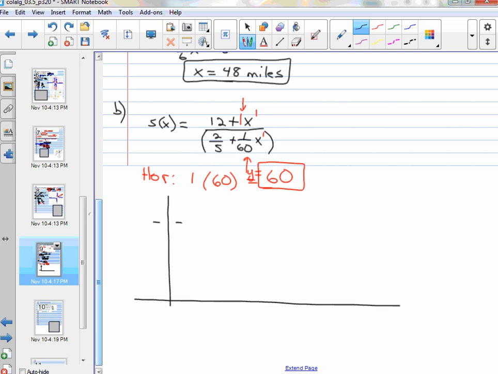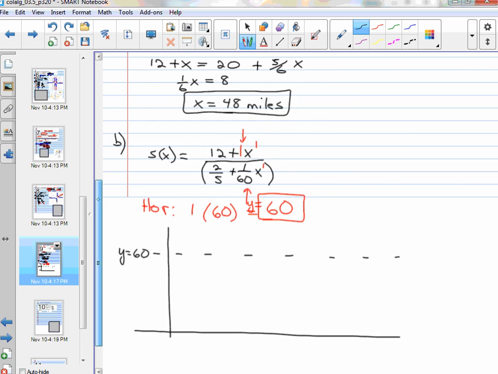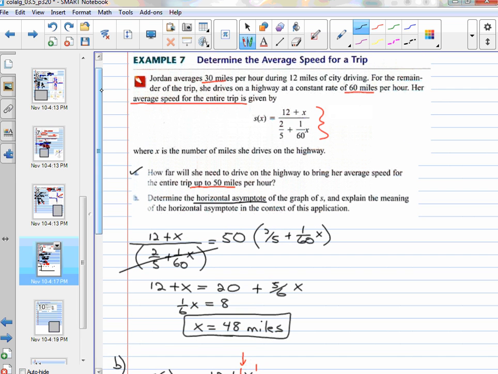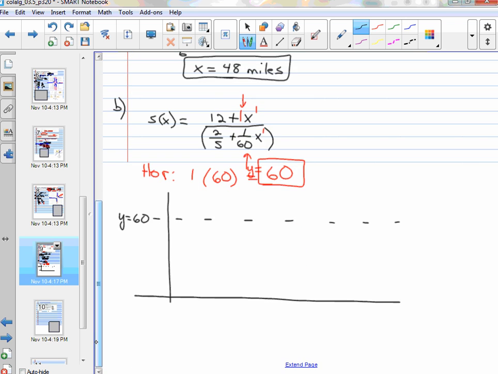Here's a graph. Here's the line, y equals 60. This stood for the average speed for the remaining trip she drives on a highway. There you go. This stands for her average speed, where x is the number of miles she has driven. The more miles she drives, the closer it approaches to 60 miles an hour average.